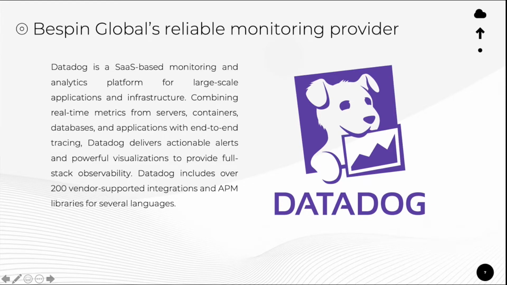Since Bespin Global is also a managed service provider for almost all hyperscalers, AWS, Microsoft Azure, and Google Cloud Platform, and some other private and public cloud providers, we rely on Datadog as our core monitoring tool, which is a SaaS-based monitoring solution that can integrate with almost everything.